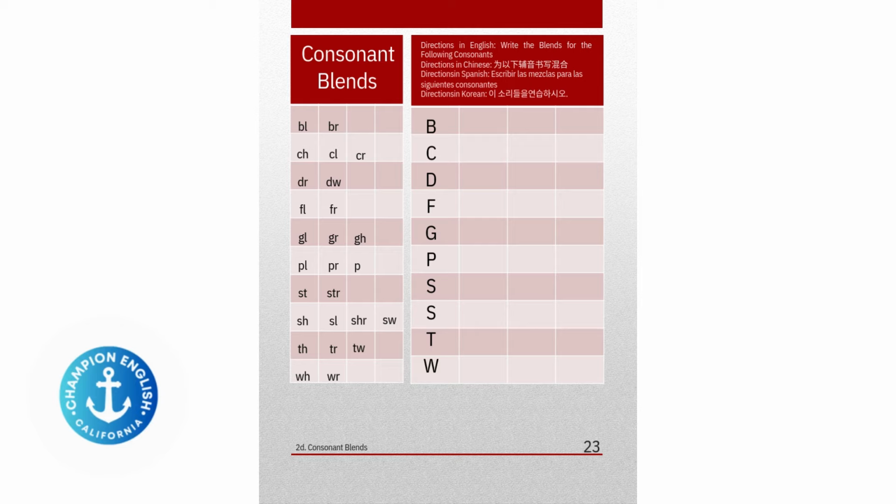Okay, so notice if you have b, there are 2 sounds for that, which are bl and br. So you should go ahead and write that sound on the letter, on that line.